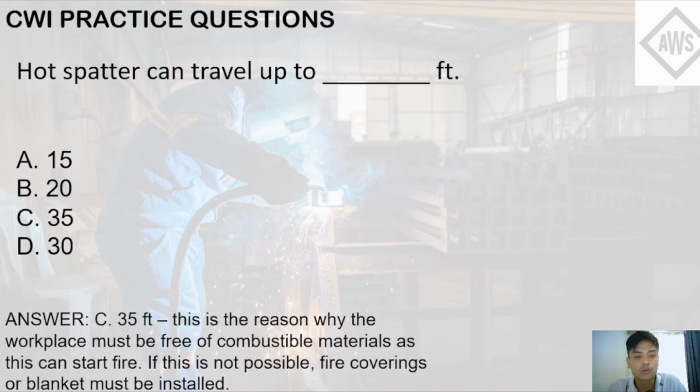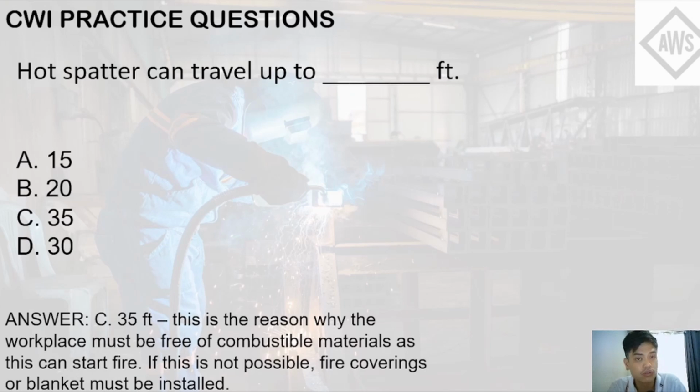So this is the reason why the workplace must be free of combustible materials, as hot spatter is still very flammable and combustible, and it can kickstart a fire if it is in contact with combustible materials like wood, paper, etc. So if this is not possible, you have to provide fire blankets, fireproof coverings for the possible combustible materials that can be ignited by hot spatter.